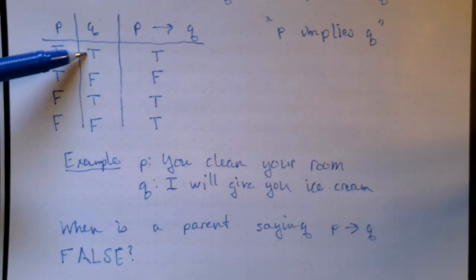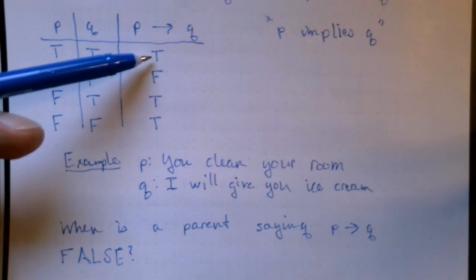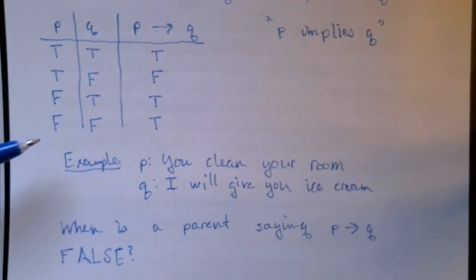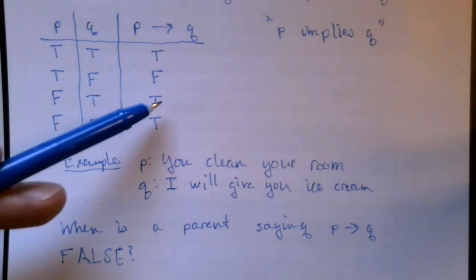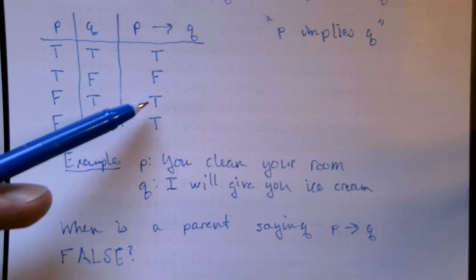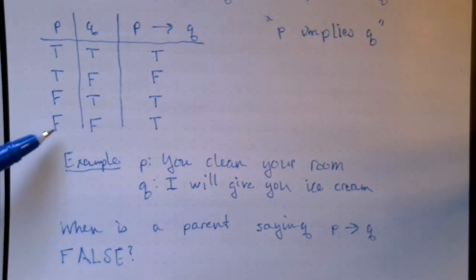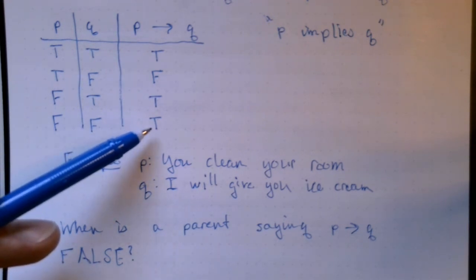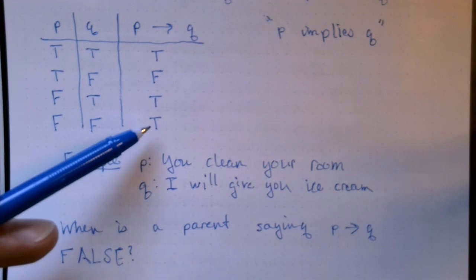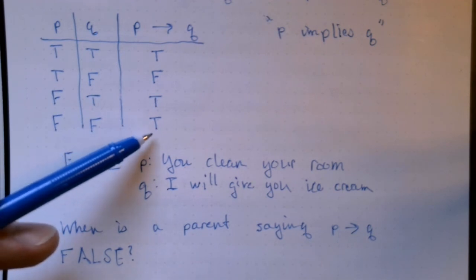Clean room, we go get ice cream. So the parent was telling the truth. Did not clean the room, we went and got ice cream anyway. The parent was still telling the truth. They were just being lenient. The room didn't get cleaned and we didn't go for ice cream. You can't really say the parent was lying. The parent said, if you clean your room, then we will go get ice cream.